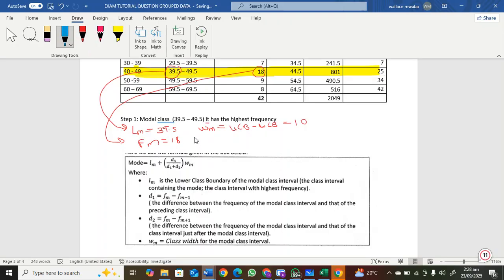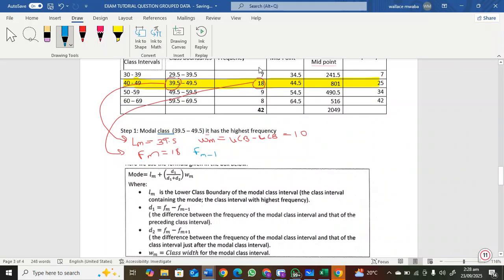FM minus 1, the frequency before the model class, is 7.